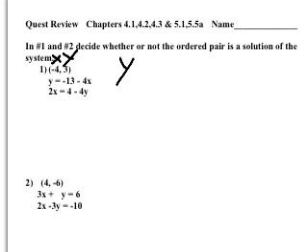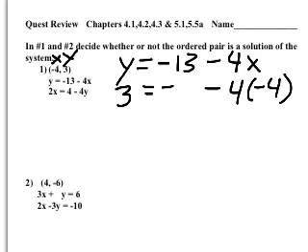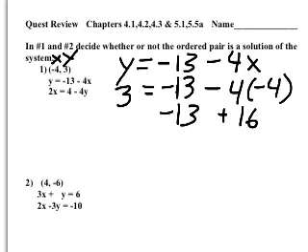Okay, so here we go. y equals -13 minus 4x. So put in the -4 for the x and the 3 for the y, and we'll work it out, see if it works. So -4 times -4 is positive 16, minus 13. And yes, that does equal 3.